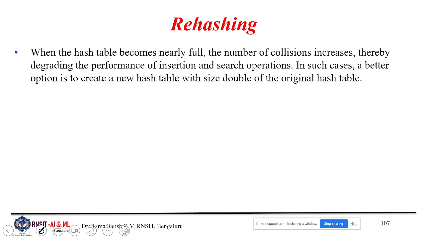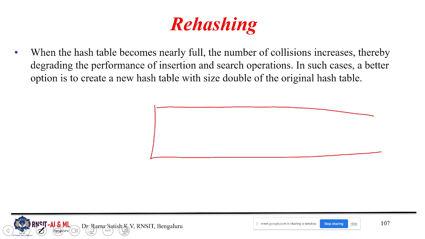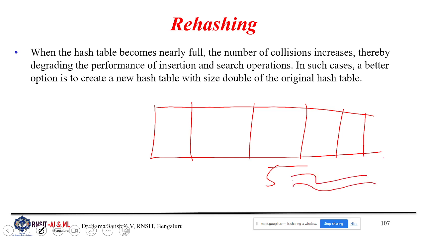When the hash table almost becomes full, I think you remember when we were talking about a dynamic stack or dynamic queue. When the stack or the queue is about to be full, automatically their size, earlier 5, used to double, and the size increases to 10.